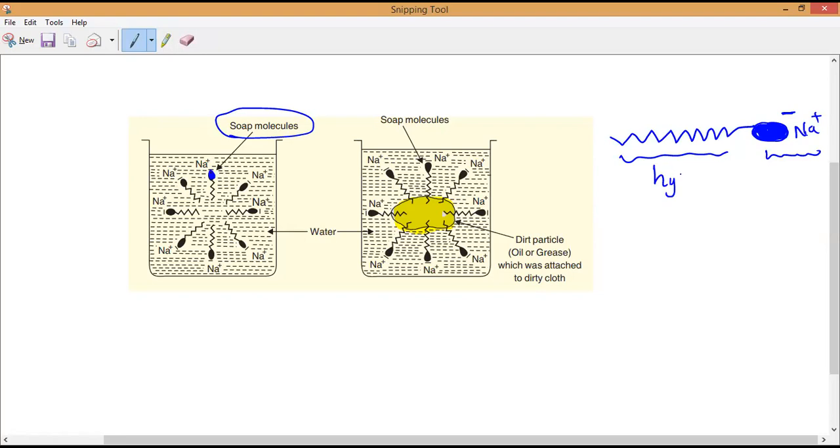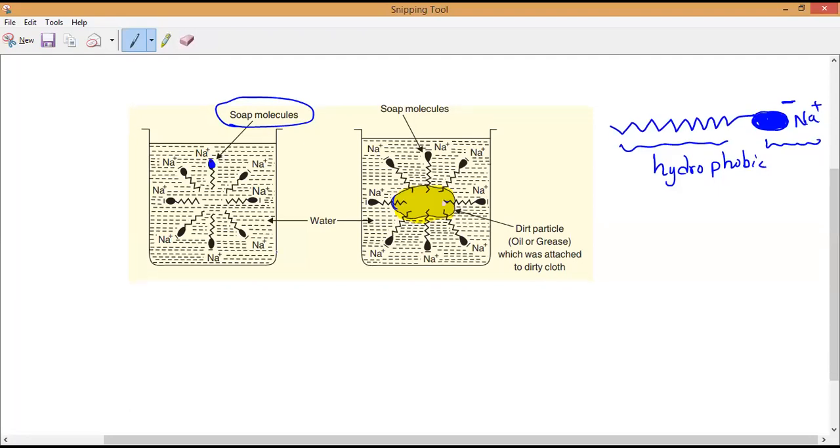Hydrophobic. They will all attract towards the dirt or oil drop, and all the heads or polar parts will go away from the dirt, attracting towards the water.